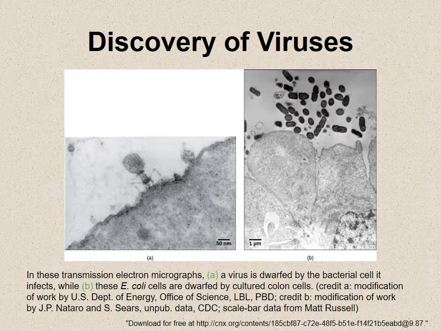Now, the reason for this is obviously the filter wasn't able to filter out viruses, which are small. So a virion, which is a single virus particle, is very small, 20 to 250 nanometers in diameter. Now, most viruses cannot be seen using a light microscope. It required the invention of the electron microscope, which didn't occur until the late 1930s.